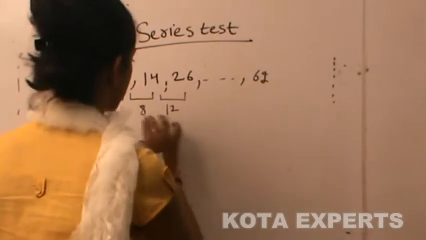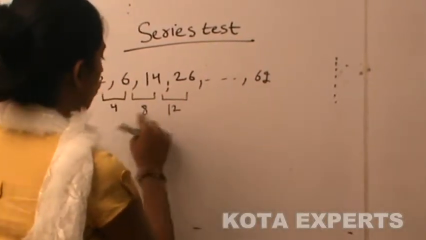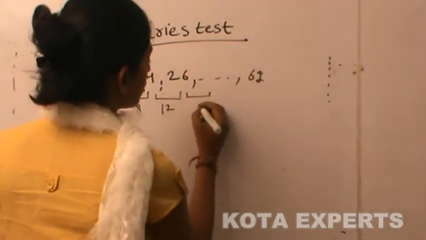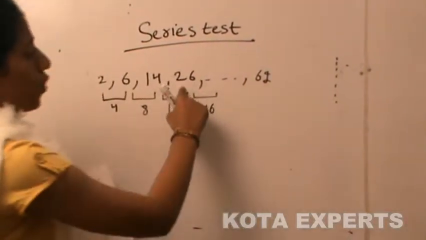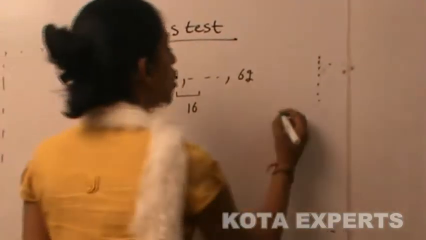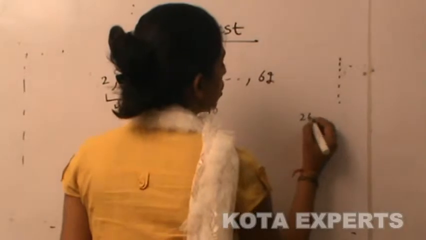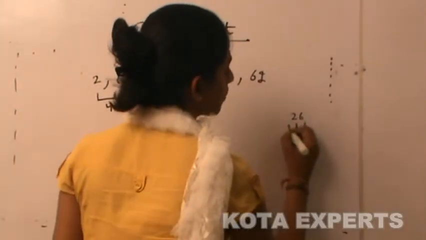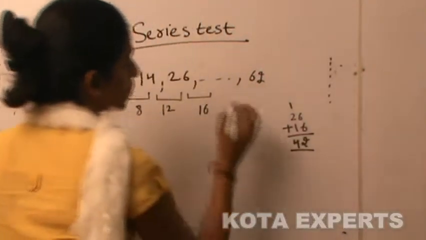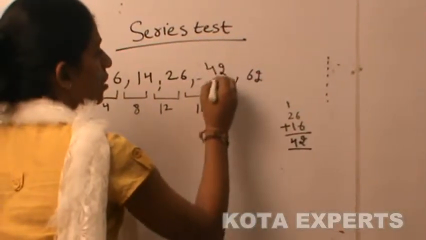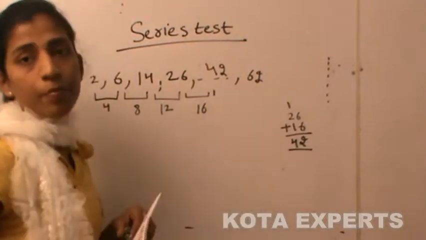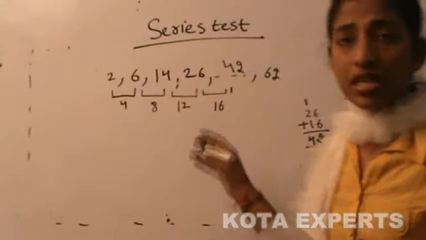So it's a table of 4: 4, 8, 12. So the next is 16. So add 16 to 26 and we find the number: 26 plus 16 is 42. So 42 is the number that will follow the same pattern as in the given series.